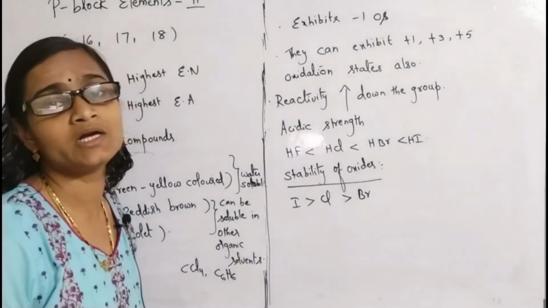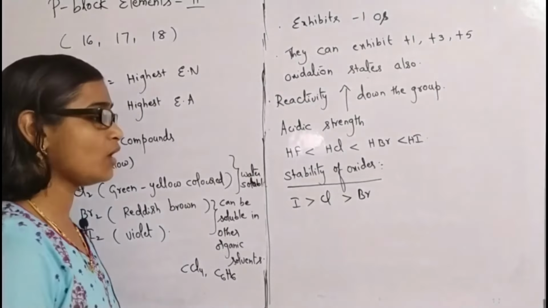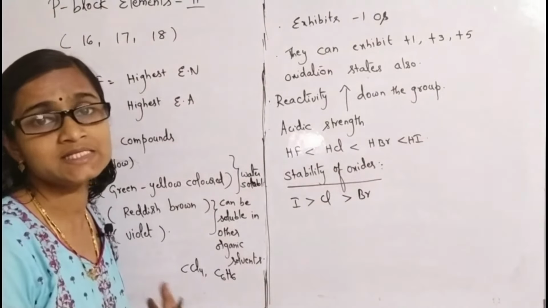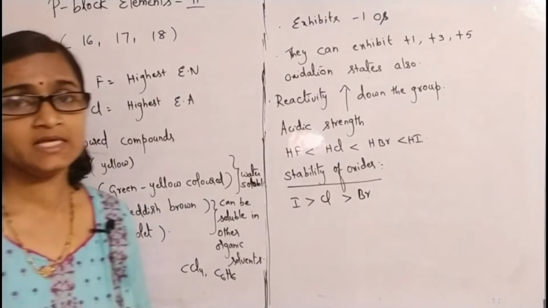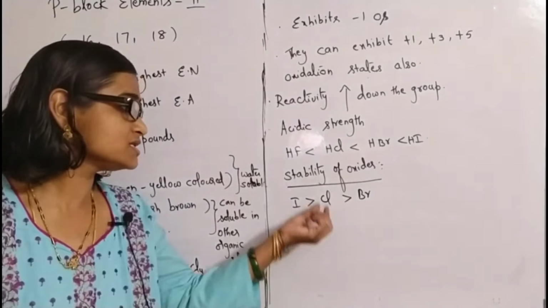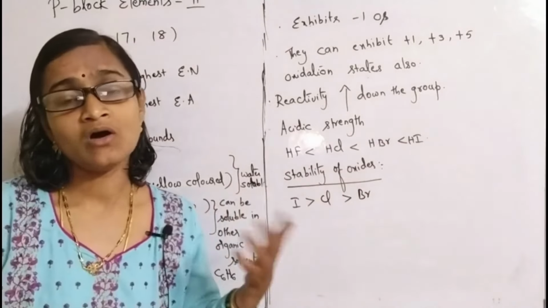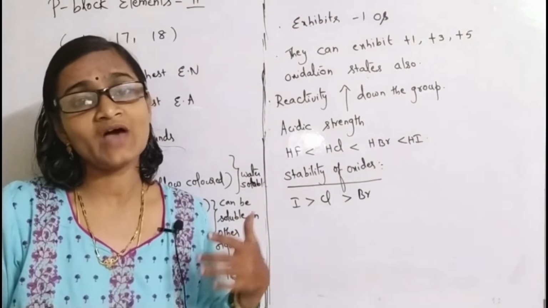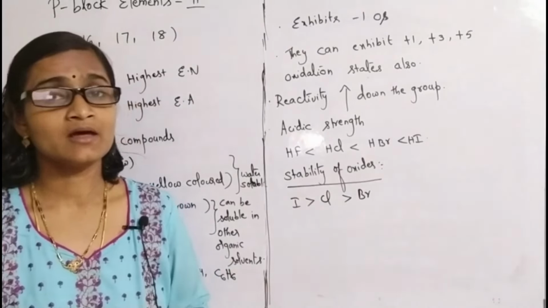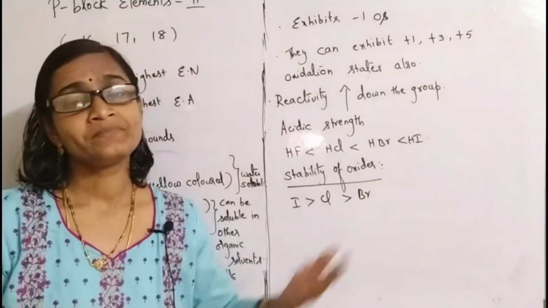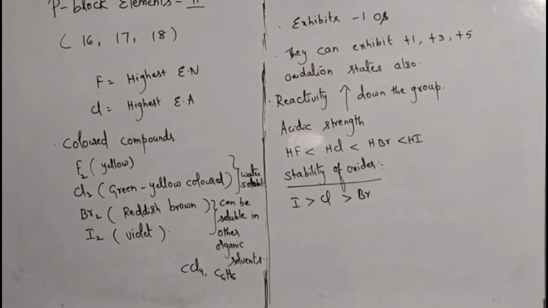Bromine exists in the form of liquid, and the oxide of bromine is less stable than the oxide of chlorine. Chlorine forms oxides, that means oxychlorides. Oxy acids of halogens also you will be learning, like how we learned the oxy acids of sulfur, same like that we will learn oxy acids of halogens now. So oxide stability is more for iodine oxides.